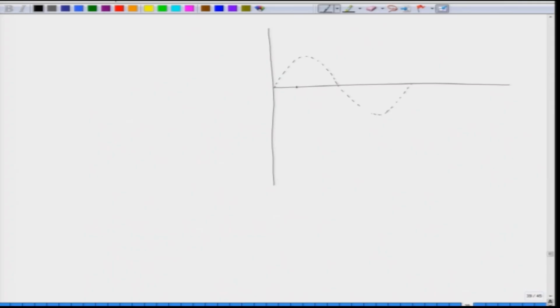This is, let us say, one of the load voltages, that is VAB. Then we have the second load voltage, which is VBC, phase shifted from VAB by 120 degrees. Then we have the third load voltage, which is VCA.